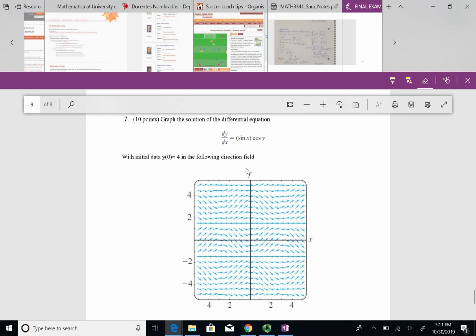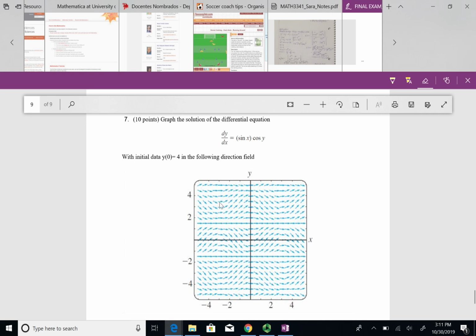Now at x equals 0, sine of 0 is 0. That's why all these arrows are horizontal, you see, because the slope is 0. So what else?